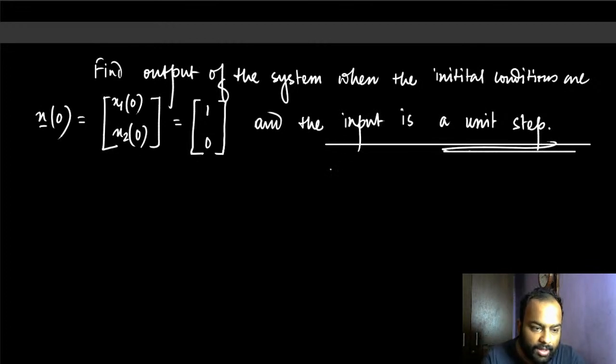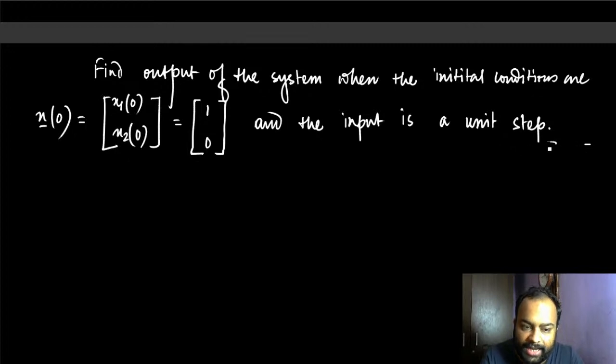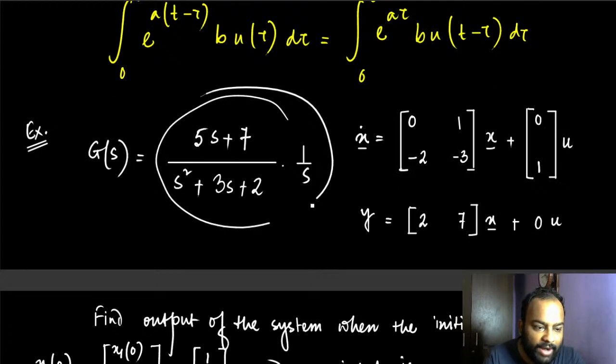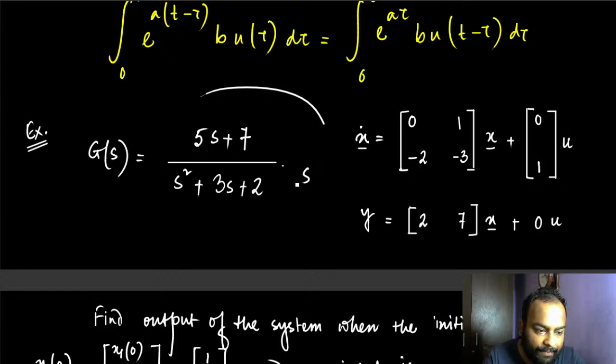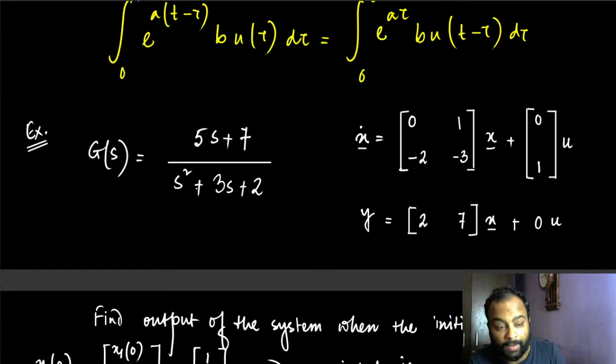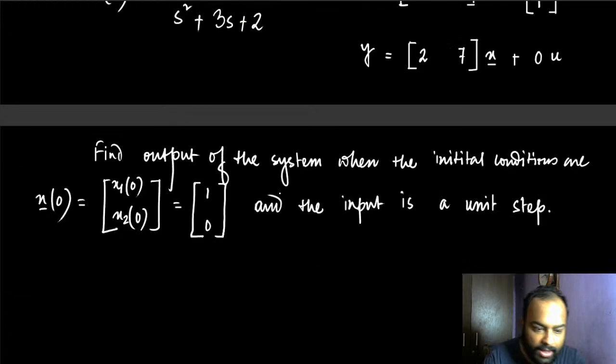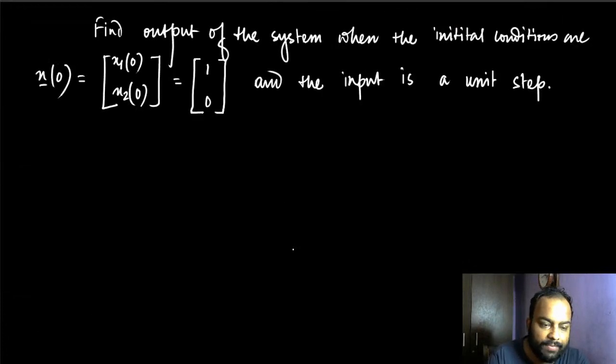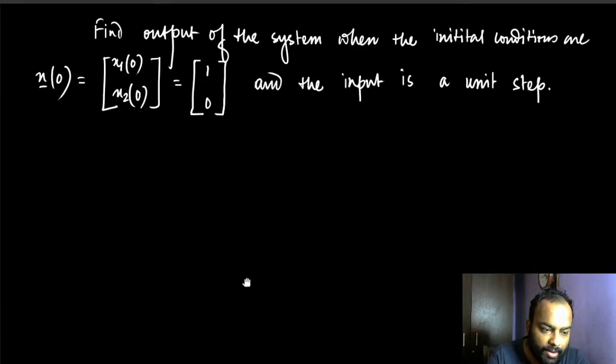Okay, you got this, right? But we also want to calculate the response to these initial conditions, right? And we also want to avoid this sort of calculations here. So just keep in mind that we could just multiply this with 1 by s, which is the Laplace transform of the unit step input, and take the whole thing, invert it to get the output. Okay, right?